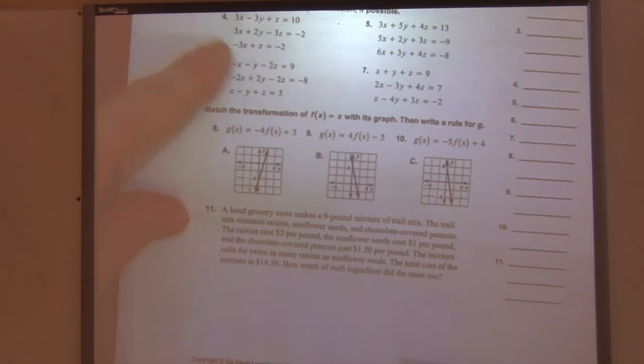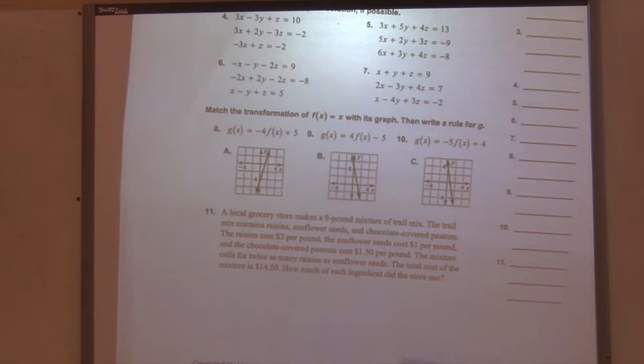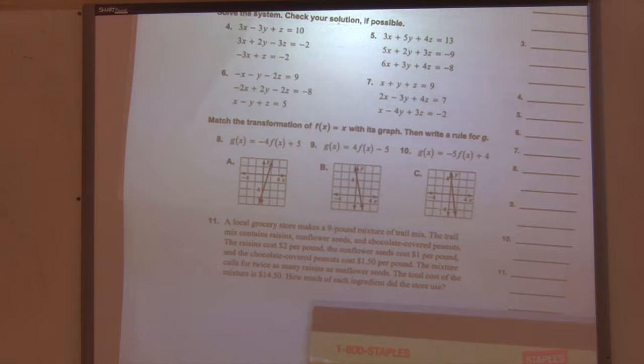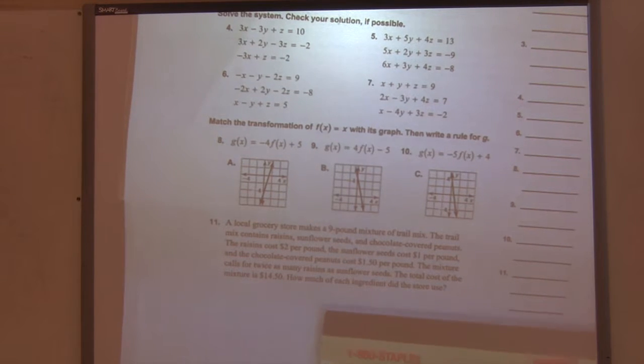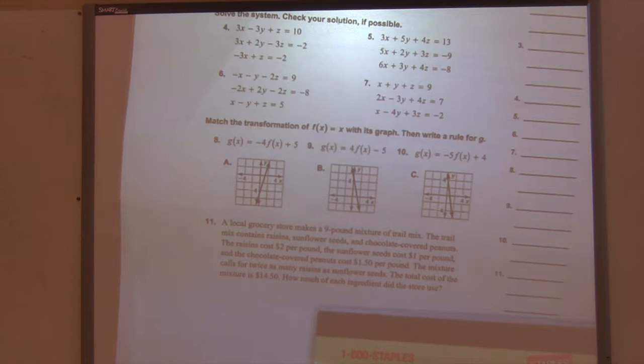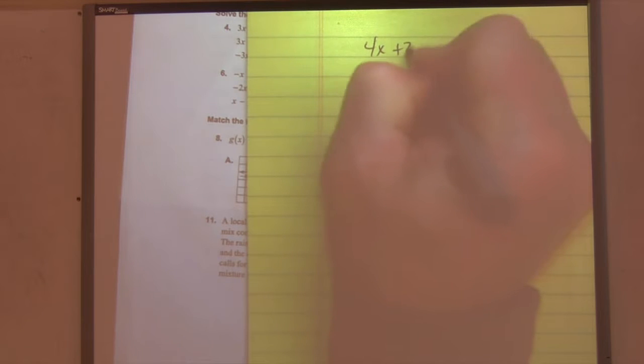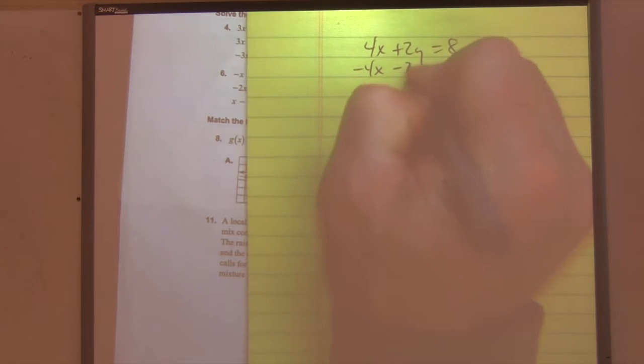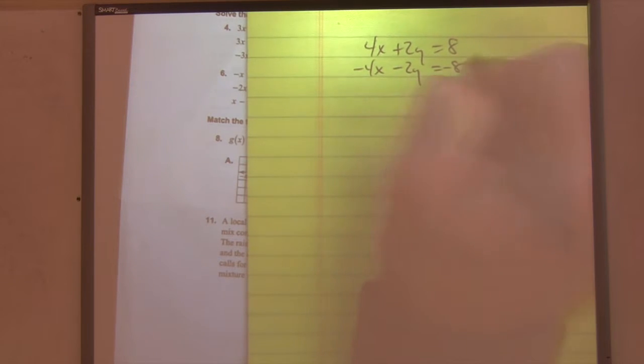Some of them, like this one, only has 2 variables in it. So like on that, I would get rid of the y's first. If you ever have a case where the variables cancel, but like if I added them together, let's say that I had 4x plus 2y equals 8, and I had negative 4x minus 2y equals negative 8.